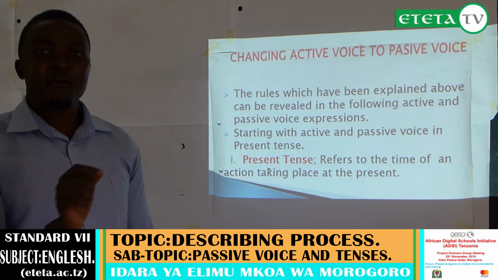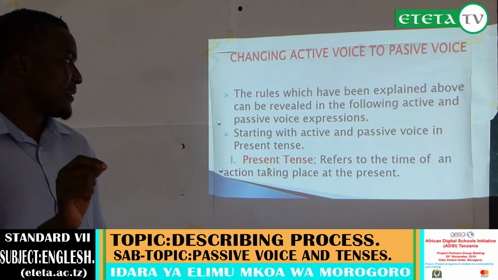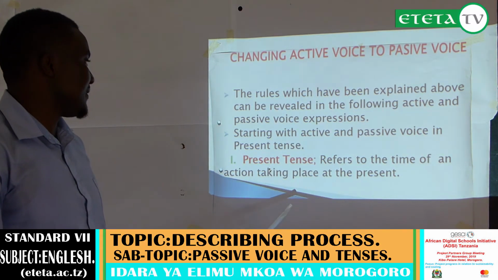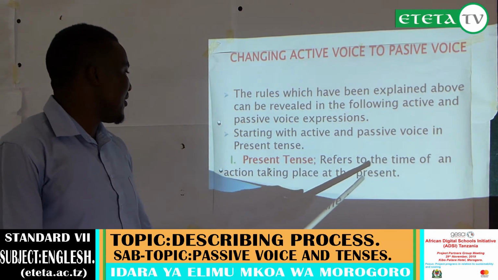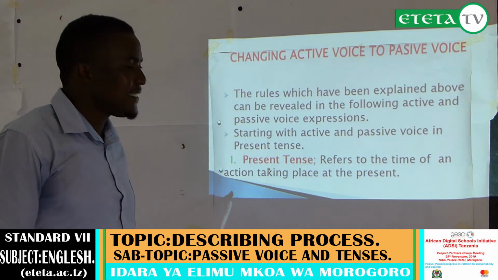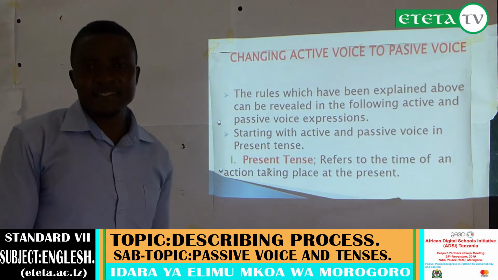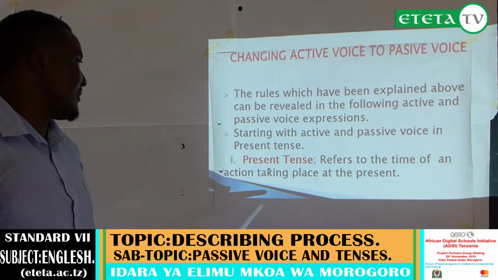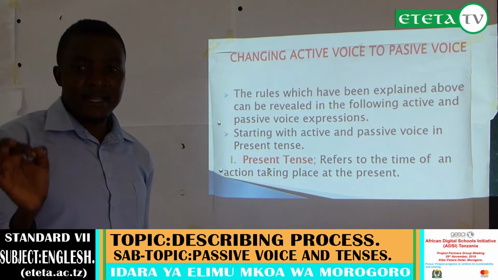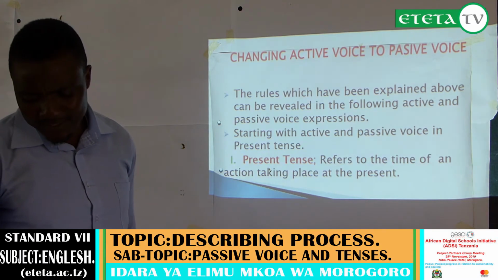Let us start with present tense. Present tense refers to the time of an action taking place at the present. But we have said that present tense is divided into different branches or classes. Let us see them.